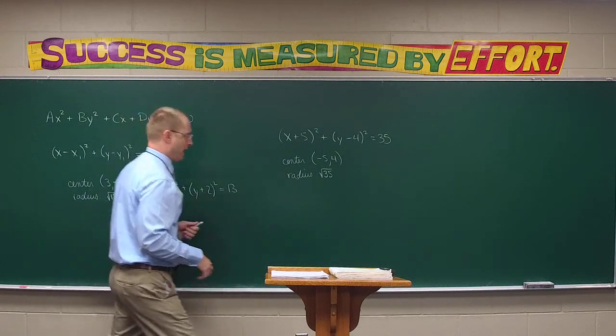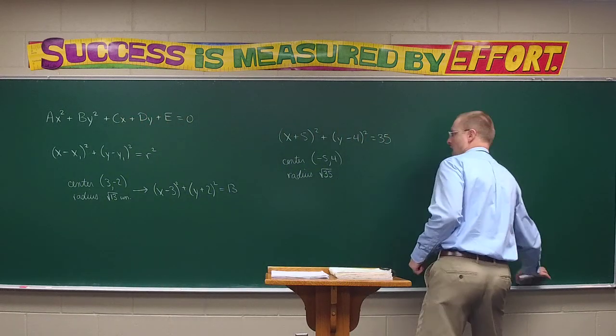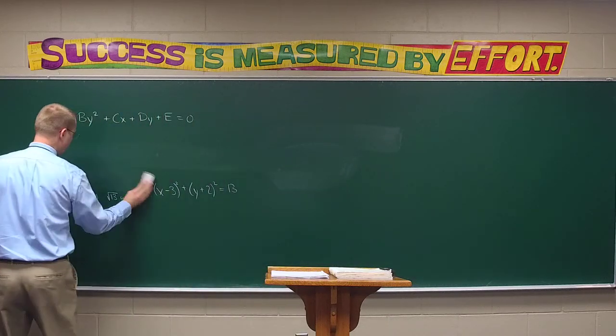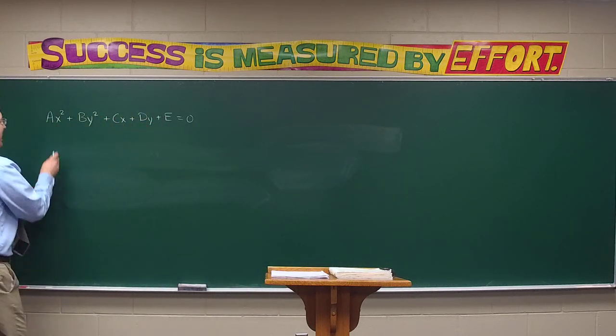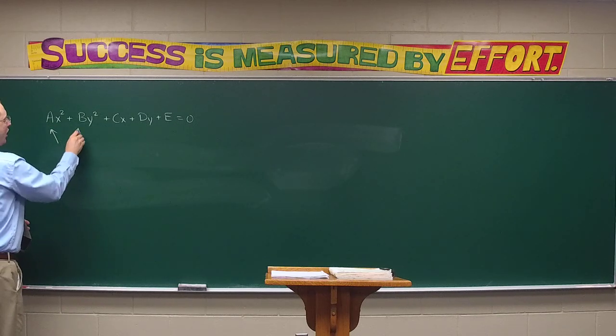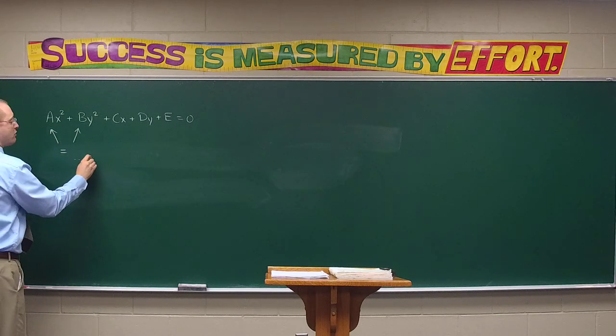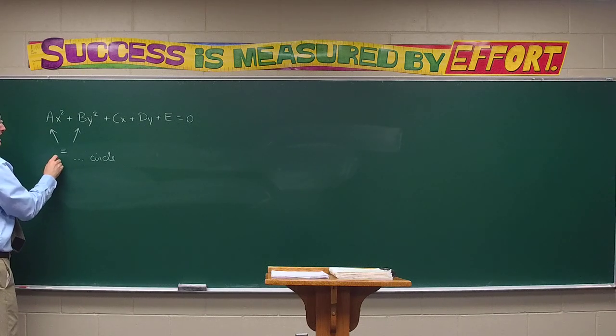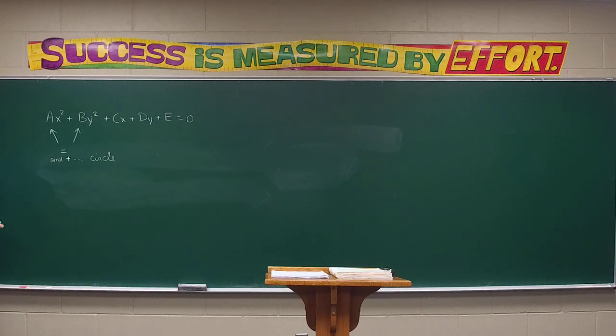Now, I want to take you back, though, to the conic form, and a couple of things for you to know. First of all, if A and B are equal, then you know you're going to get a circle. So equal and positive. If they're equal and both positive, you know you're going to get a circle. And we've seen this before, haven't we?